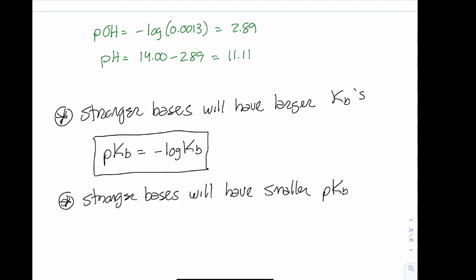As your Kb gets larger, your pKb is going to get smaller because of that negative sign. So as base strength increases, we're going to have larger Kbs and smaller pKbs.